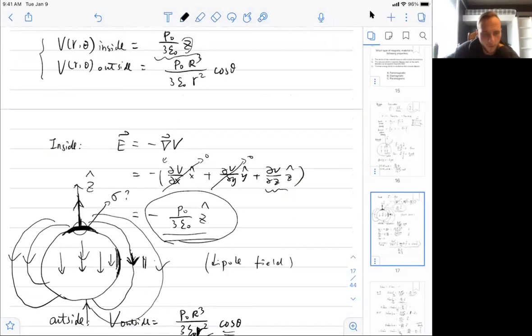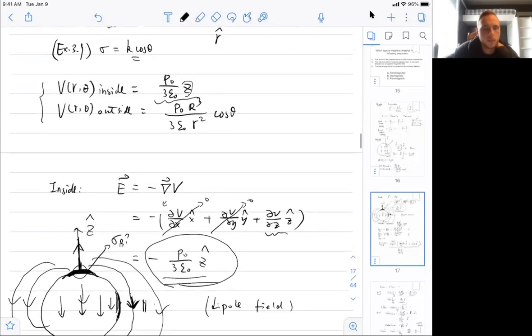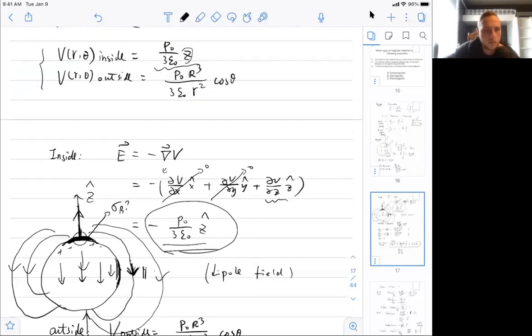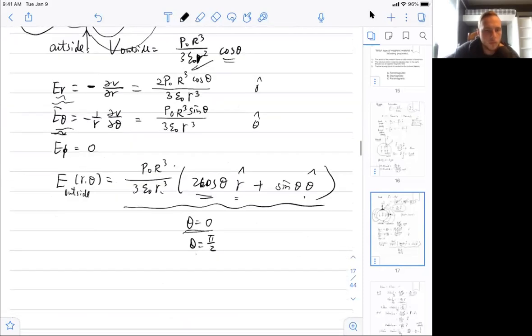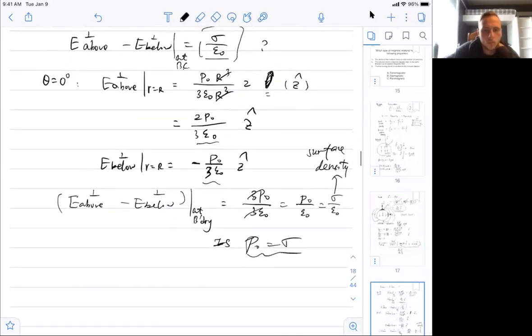It's coming from my polarization, right? So indeed, this is sigma bound. As I have positive polarization on top, there is a negative charge on the bottom. The bound surface charge density sigma bound is equal to the polarization P naught. So they are indeed equal.